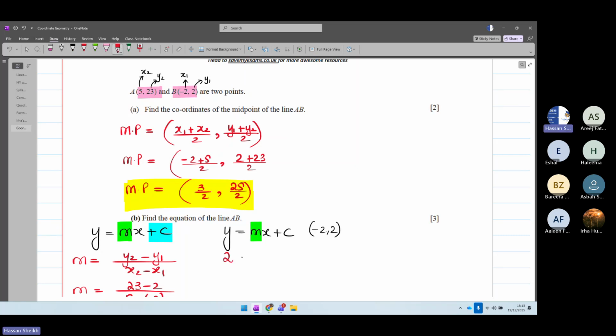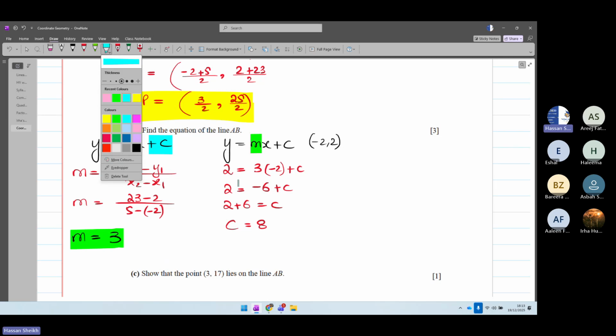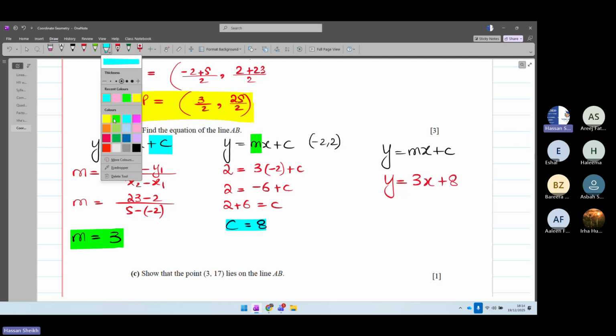So the y value is 2, the m value is 3, the x value is minus 2, and then we have c. 2 equals minus 6 plus c. 2 plus 6 equals c, and c comes out to be 8. Agree? Now we use the same formula here, and we substitute the values of m, which is 3, and c, which is 8. Doubt, students?